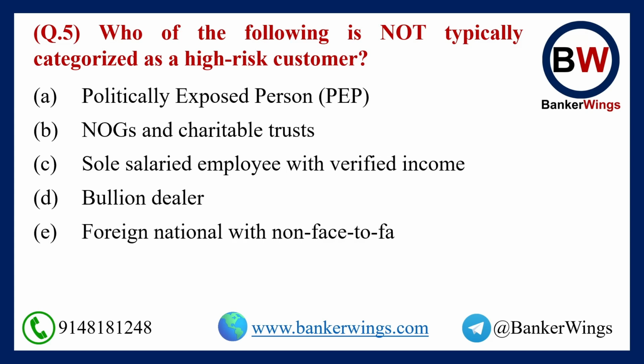Option E, foreign national with non-face-to-face onboarding. So what is the answer here? The answer is option C, sole salaried employee with verified income. The other 4 options are usually categorized as high risk customers. But a salaried employee with verified income is unlikely to be a high risk customer.